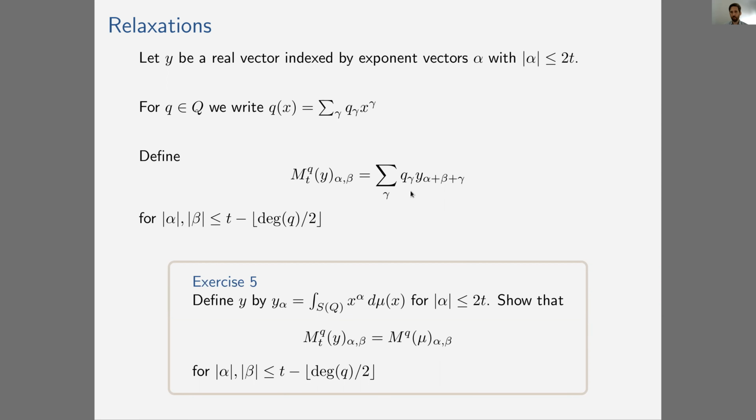Well, this is exactly right to make the following exercise work. If we define y to be the moments of mu, so y alpha is the integral over the semi-algebraic set of x to the alpha d mu of x, then these definitions actually agree. So M_t^q of y alpha beta is actually M_q of mu alpha beta.